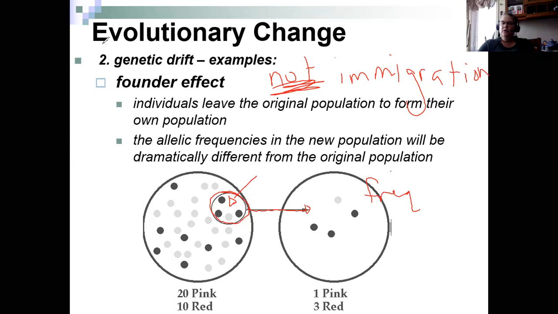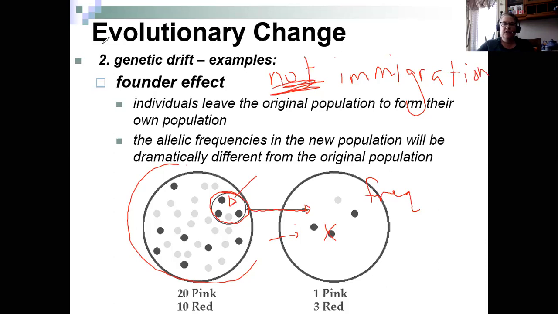In the original population, there was a particular recessive trait that caused short limbs, short arms, short legs, and its frequency was pretty small. But as they moved here, because one of those individuals had the recessive trait, that trait was at a much higher frequency in the new founding population. And that's a result of the founder effect.